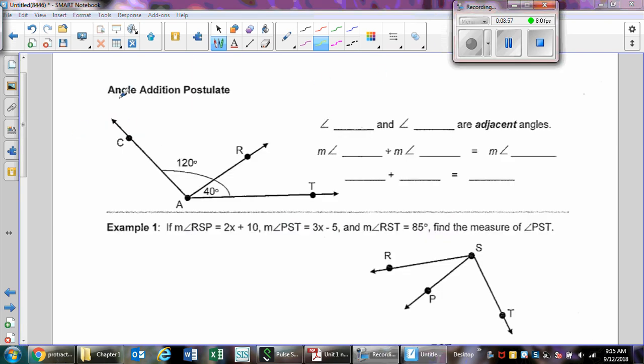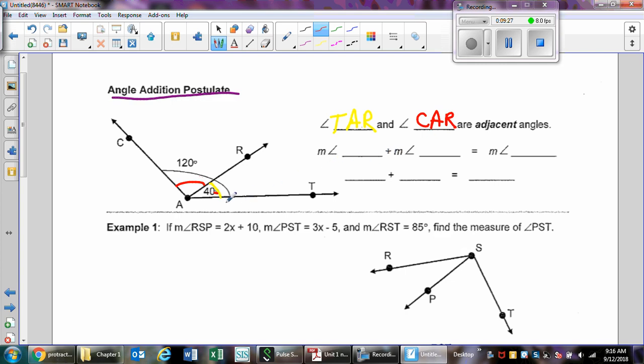so now let's go to the next page where it talks about the angle addition postulate. So in this case, I know the angle here, which is angle TAR, and this angle here, which is CAR, are adjacent angles.